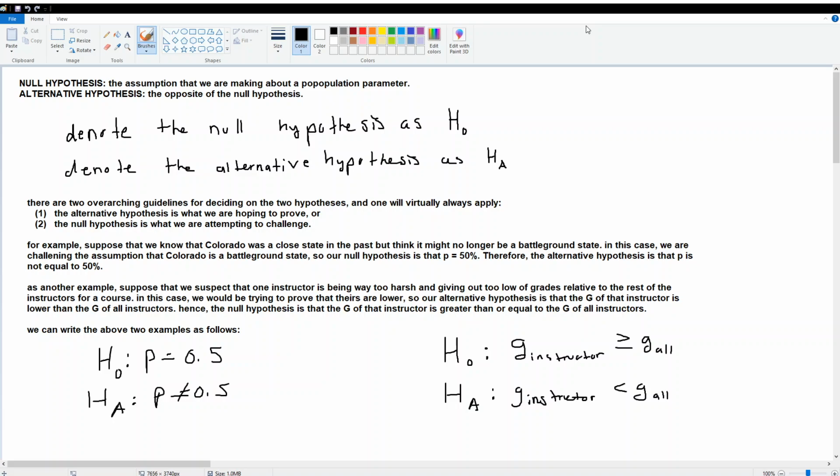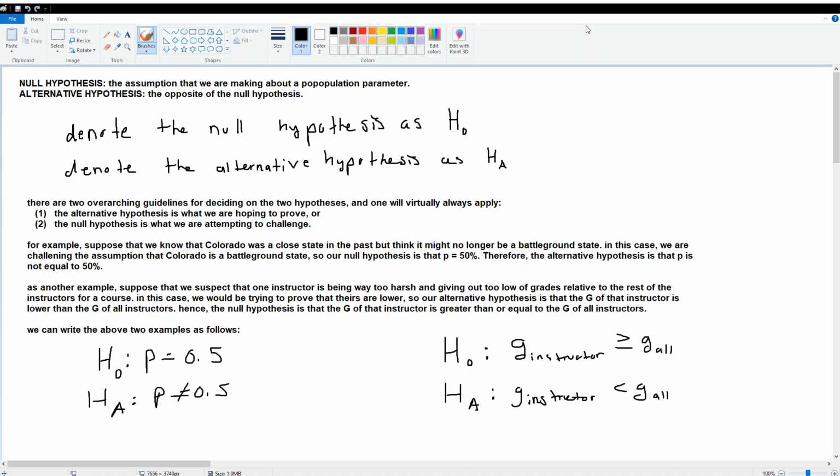So here, we're trying to prove that this instructor is giving out grades that are too low. So, since we're trying to prove their grades are too low, we make that our alternative hypothesis. And therefore, the null hypothesis is that their grades aren't lower than the rest.